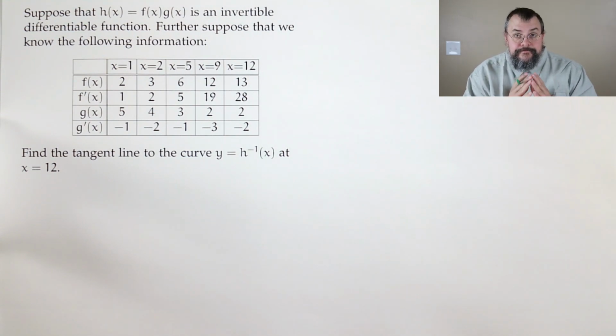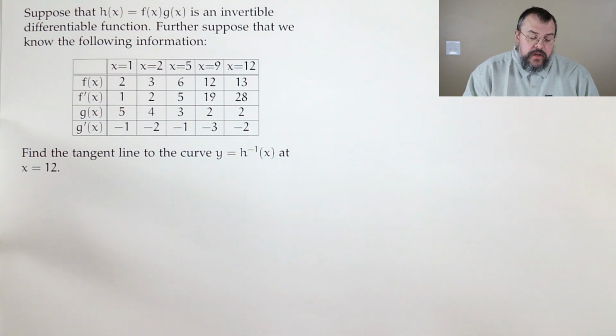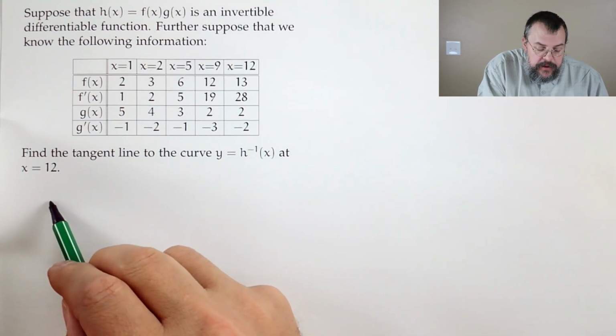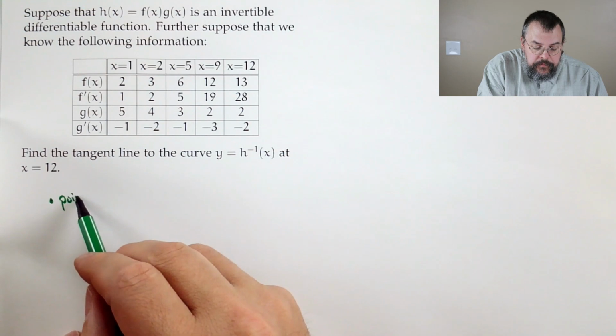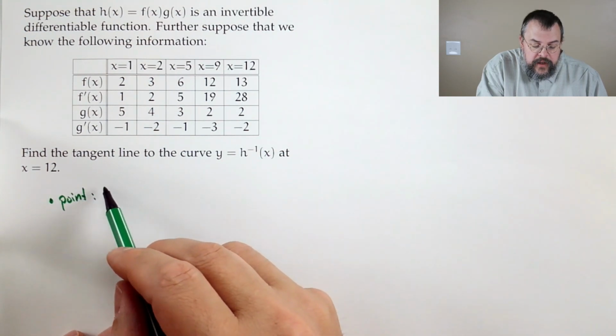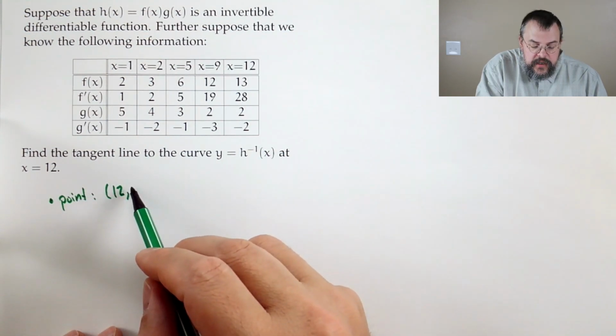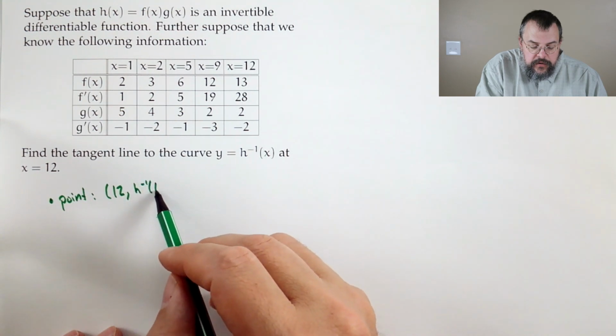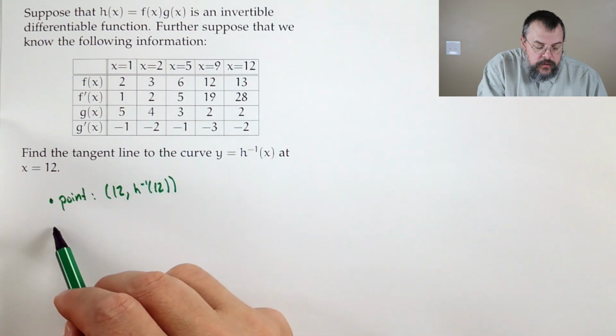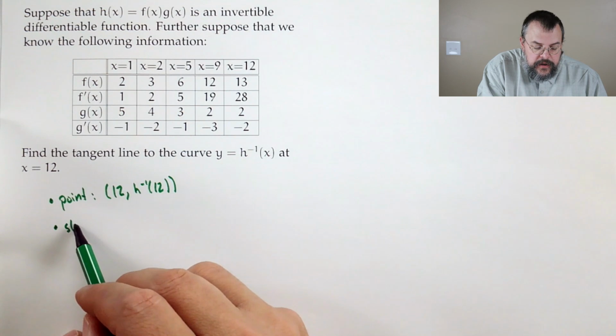All right, good. So let's think about this. We need a tangent line. Of course, that means we better be thinking about a point. And if we want a point, that would be the point 12, comma, h inverse of 12. And we need a slope.